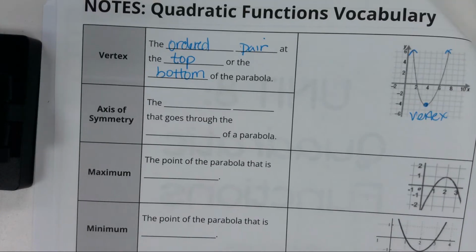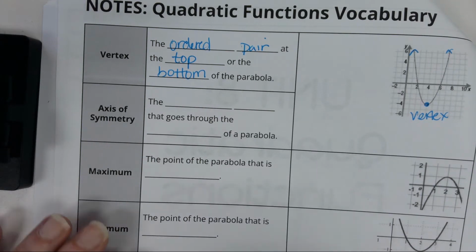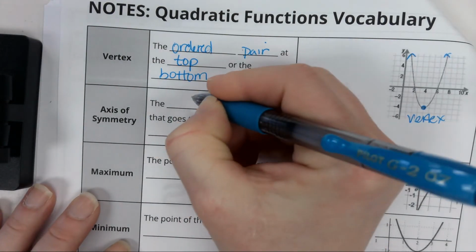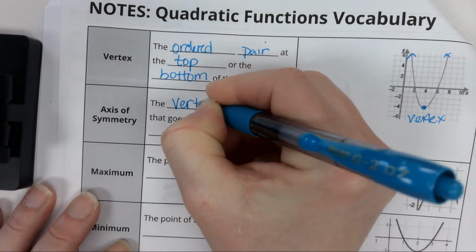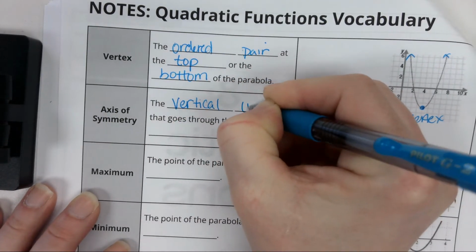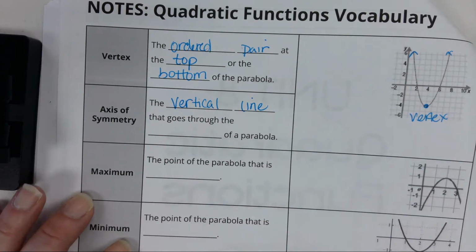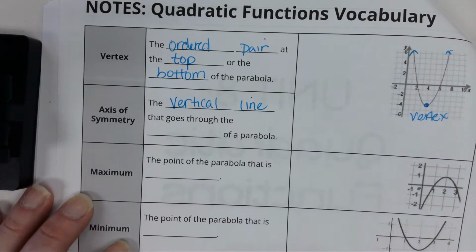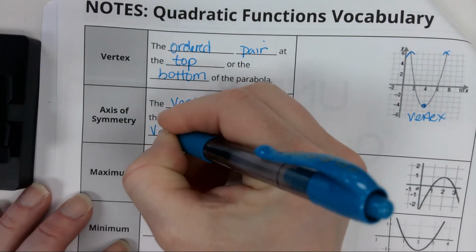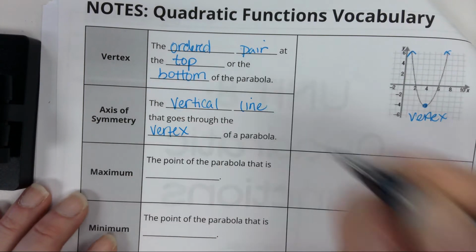The axis of symmetry is the vertical line that goes through the vertex of a parabola.